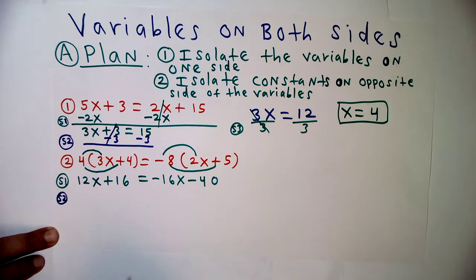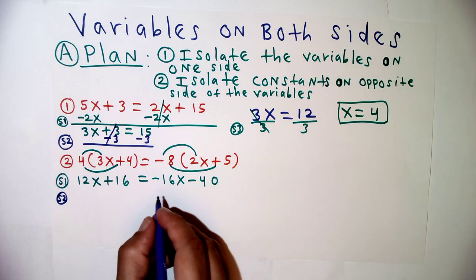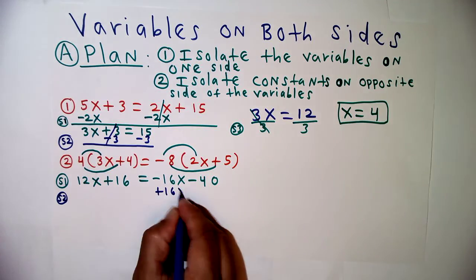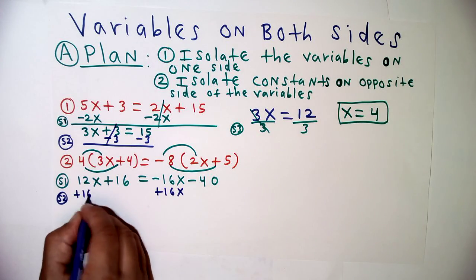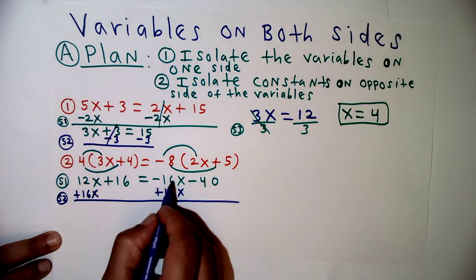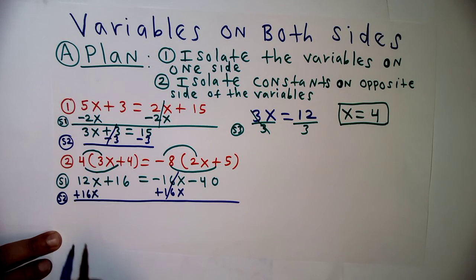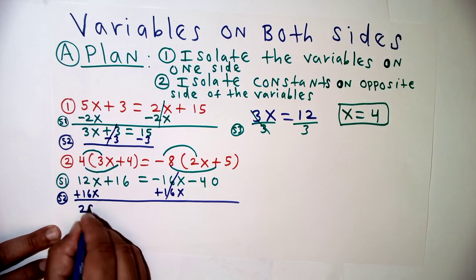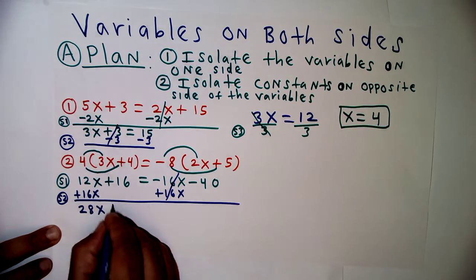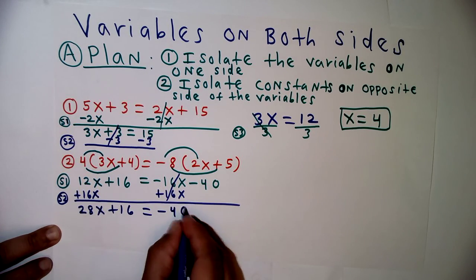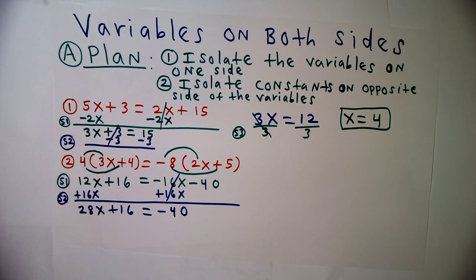Again, by using the rules of equalities here. So since I have a negative, I'm going to say plus 16x here, plus 16x here. Now clearly, this disappeared because that was the plan. 12x plus 16x is 28x plus 16 equals to negative 40.